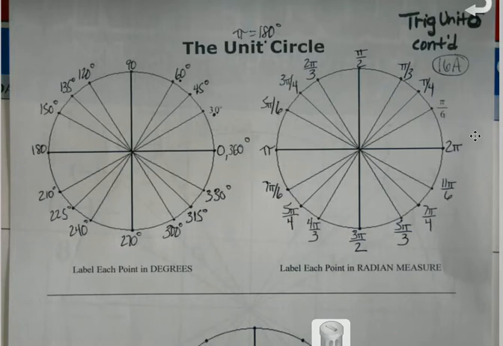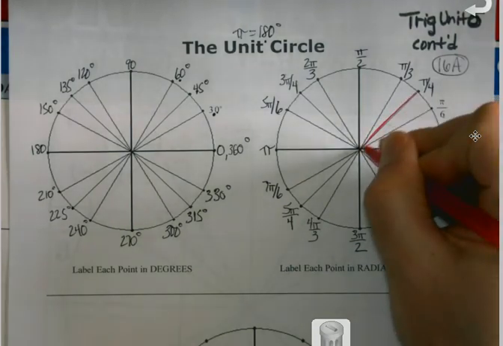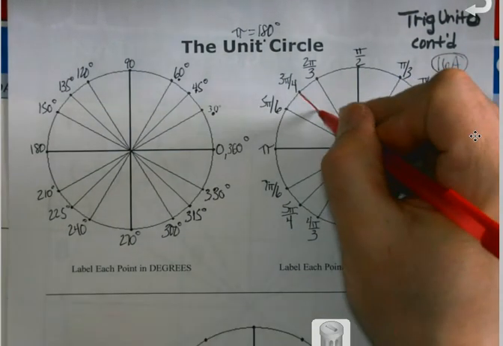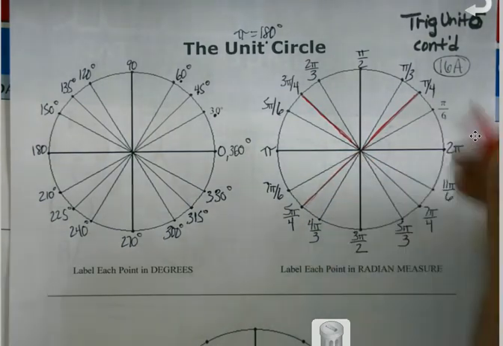what I would have you take a peek at is your 30s, your 60s, and your 45s. The 45s are probably the easiest place to see where the pattern's at. So if I kind of highlight my 45s here, it might make them jump out a little bit more.